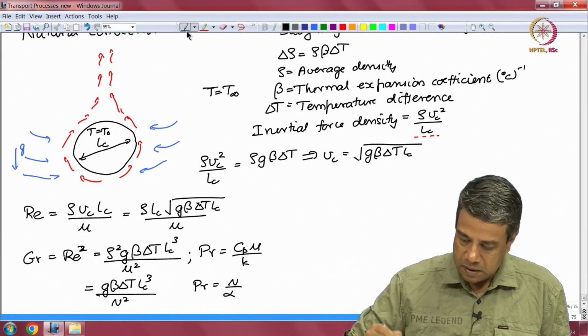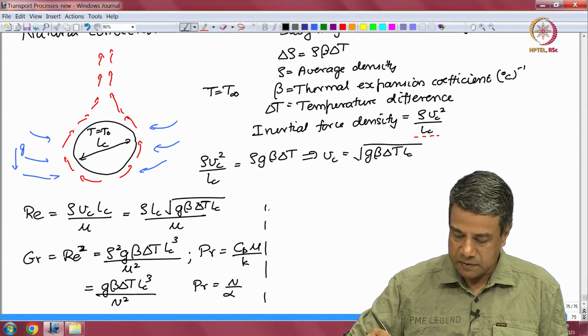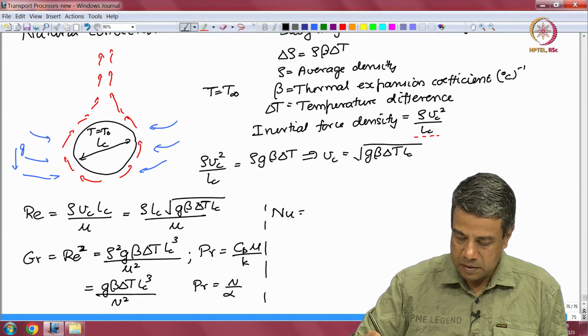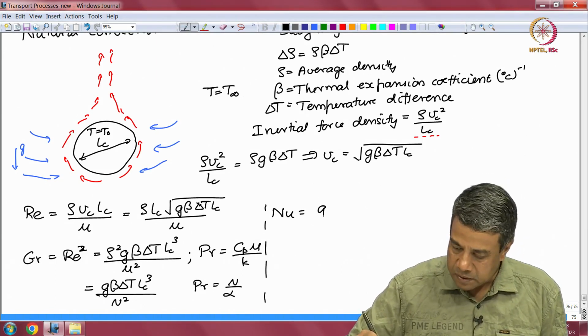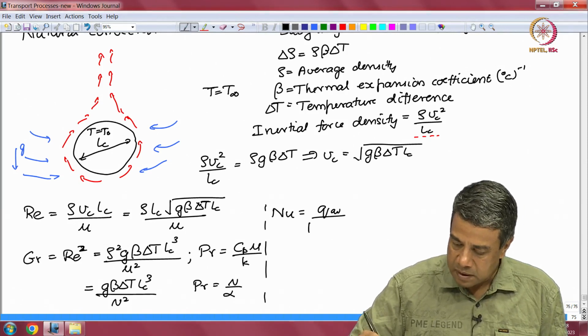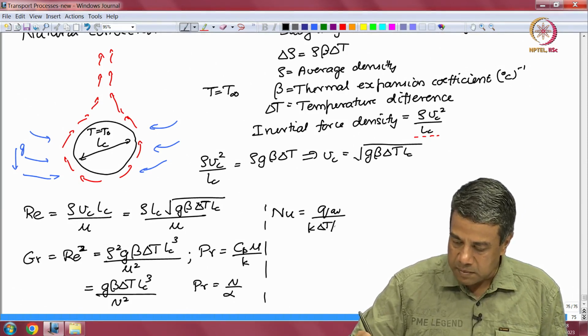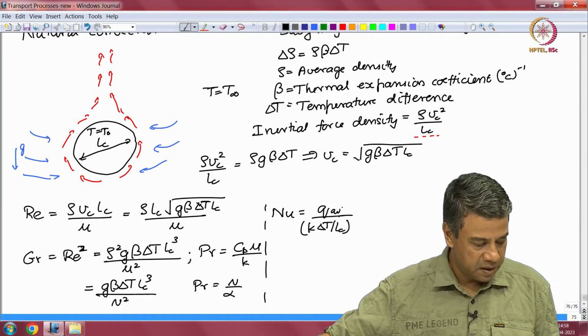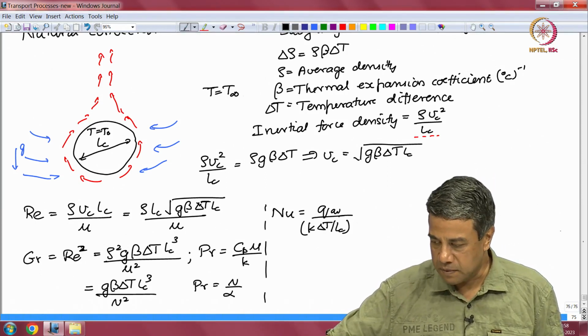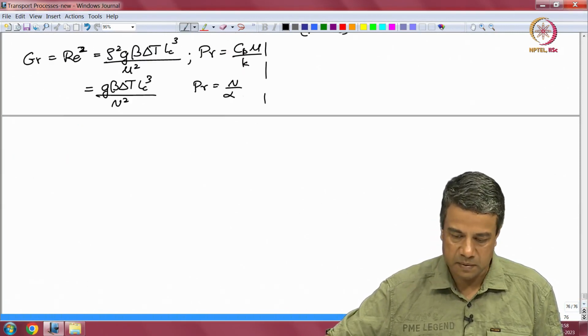The dependent dimensionless parameter is of course the Nusselt number, defined as q average by k delta T by Lc. That is the definition of the Nusselt number. And the correlations are of the form Nusselt number as a function of the Grashof number and the Prandtl number.